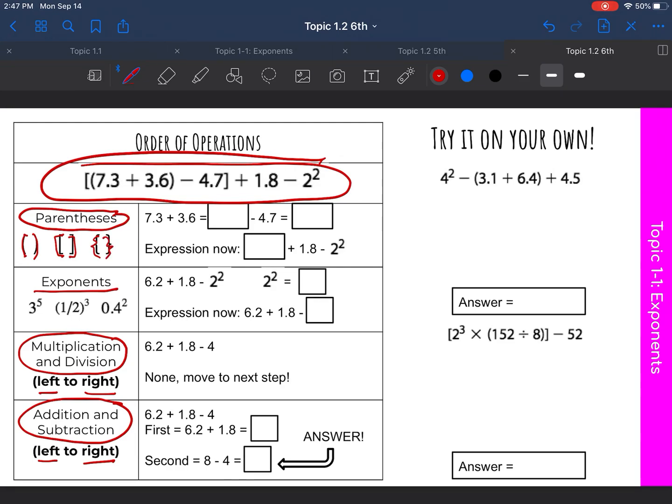The first thing we do in this problem right here, we work our way inside. So we're looking at anything that has to do with any of these three things. We work our way inside first. So I'm going to do this 7 and 3/10 plus 3 and 6/10. Add that together. What do you get when you add 7 and 3/10 plus 3 and 6/10?